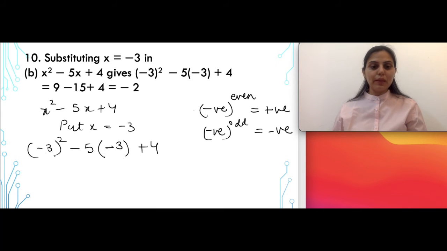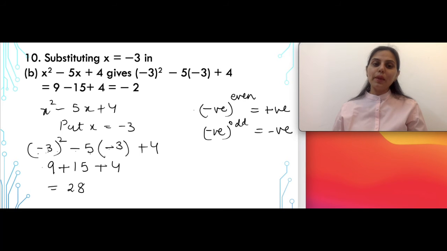So if you compare this term, we have a negative term with an even power. So minus into minus will change to plus, and 3 square means 3 multiplied by 3. So the answer will be 9. Minus into minus will again change to plus. We are applying the laws of integers here, and 5 multiplied by 3 will give you the answer 15, plus 4. So when you add all these terms, your answer should be equal to 28.